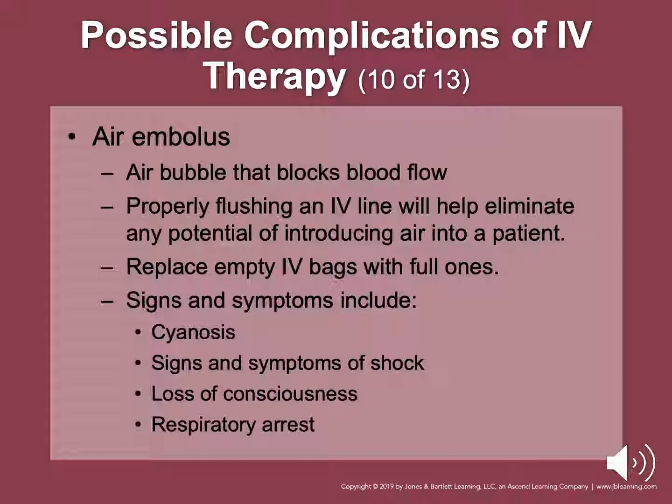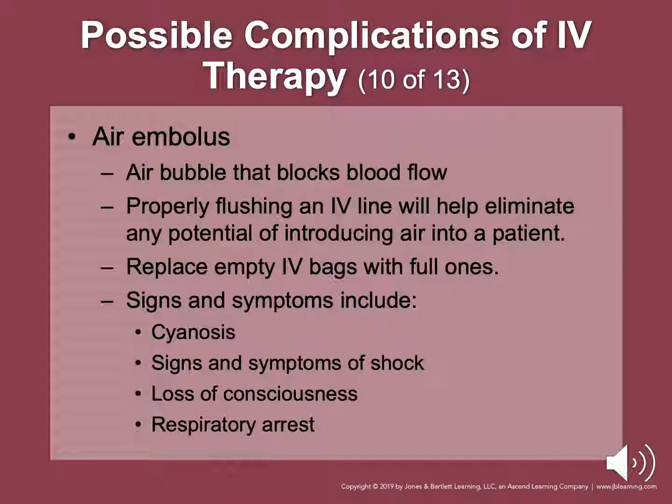Treat a patient with suspected air embolus by placing the patient on his or her left side with the head down and rapidly transport to the closest and most appropriate facility. Be prepared to assist ventilation if the patient experiences increased shortness of breath or inadequate tidal volume. Document the above. Okay, so basically you want to make sure you flush all of your tubing and your saline locks with saline before you actually introduce it into the catheter with the blood.